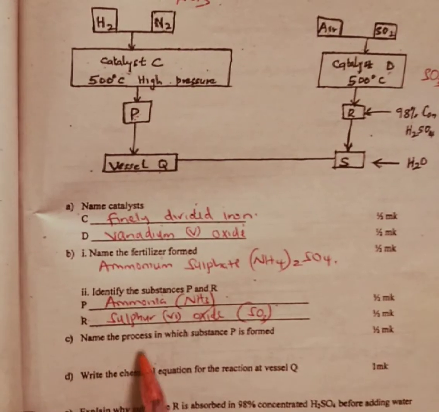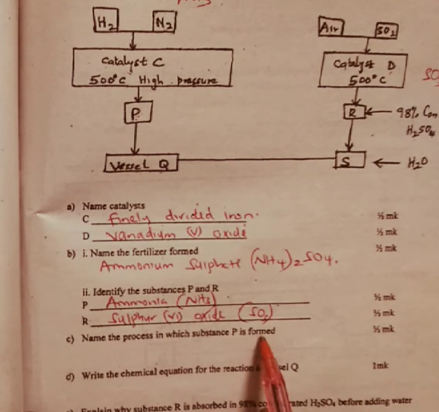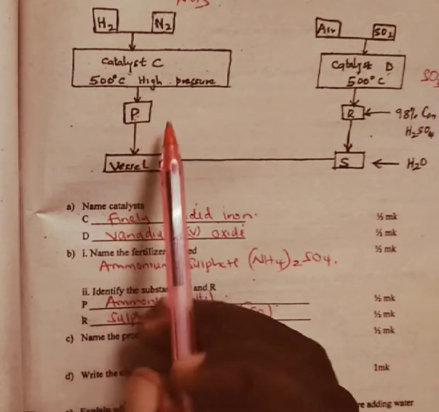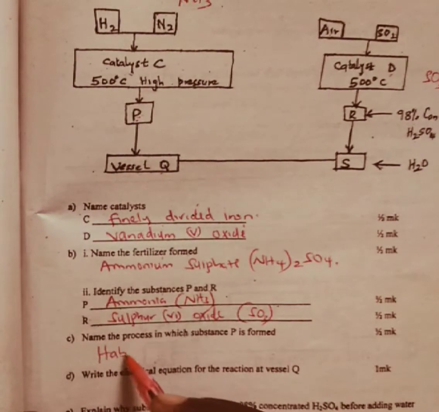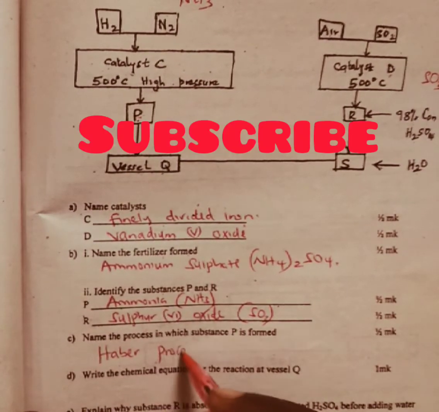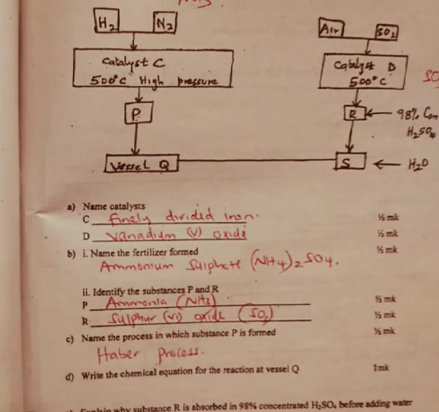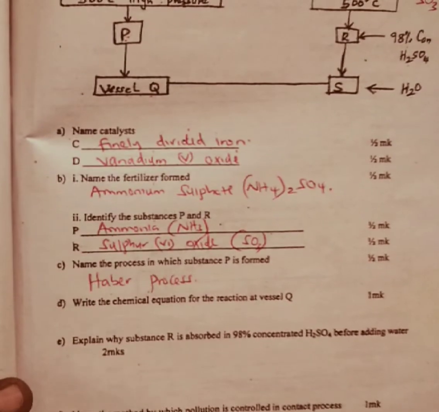Then name the process in which substance P is formed. P is ammonia, and ammonia is manufactured using a process called Haber process. The large-scale manufacture of ammonia is by Haber process.